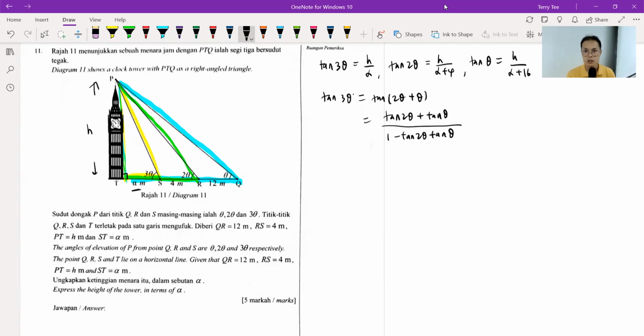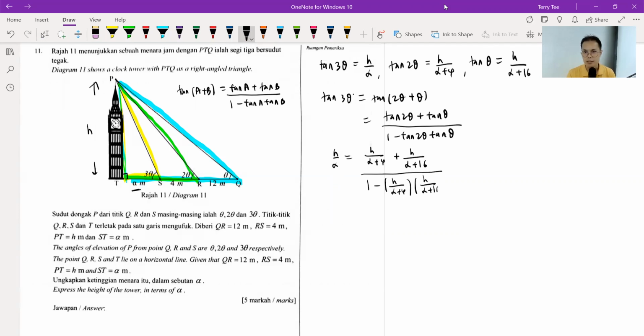This is from tangent of A plus B, which is tangent A plus tangent B over 1 minus tangent A tangent B. My tangent 3 theta is H over alpha, tangent 2 theta is H over alpha plus 4, tangent theta is H over alpha plus 16, divided by 1 minus H over alpha plus 4 times H over alpha plus 16.